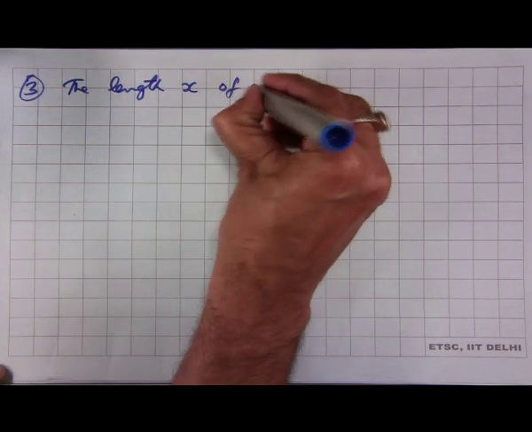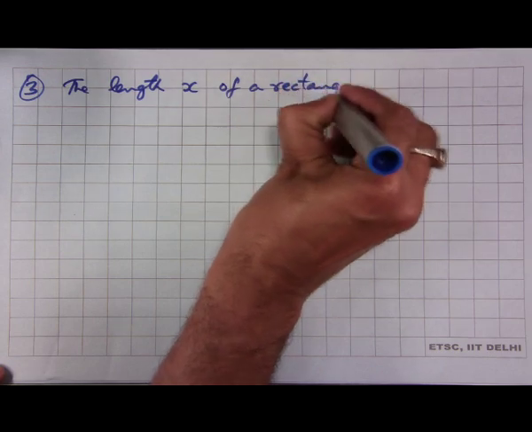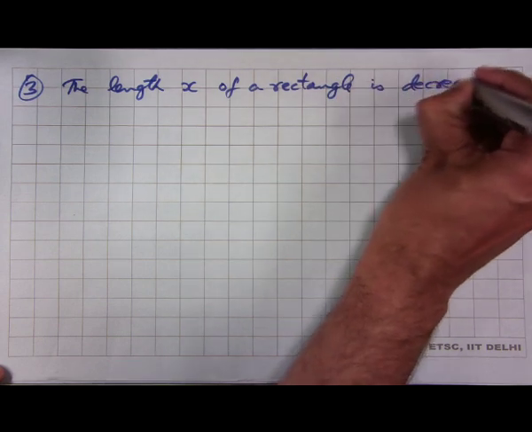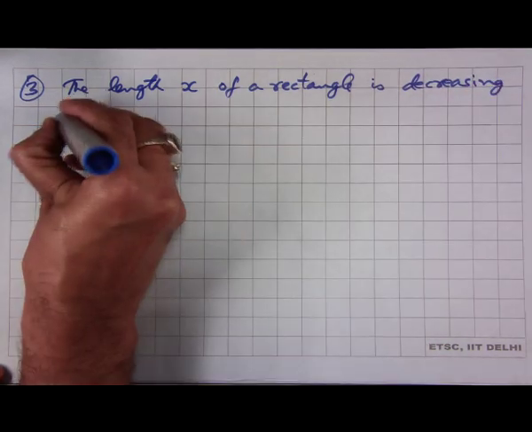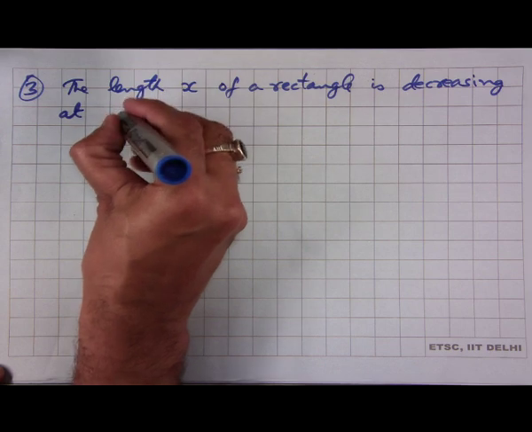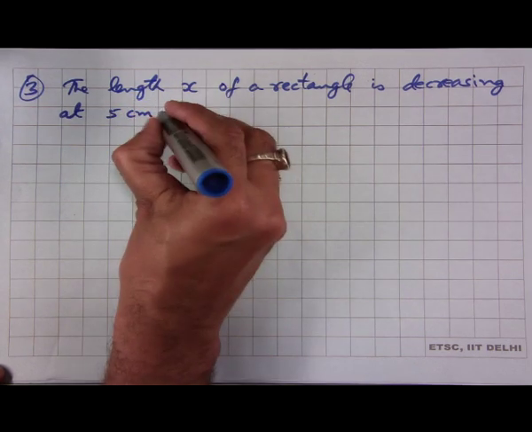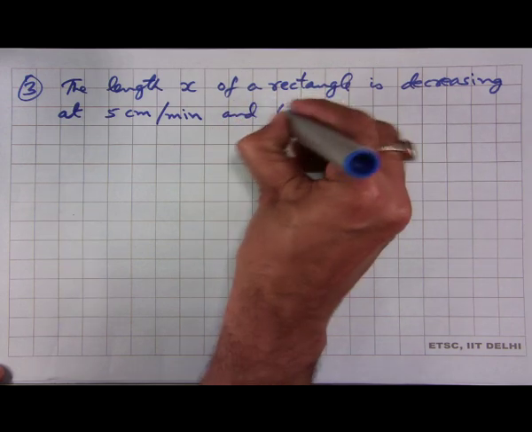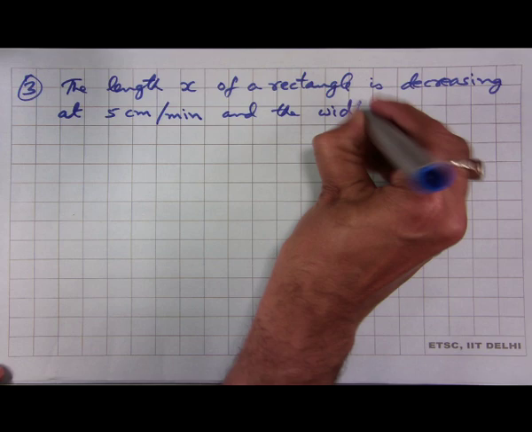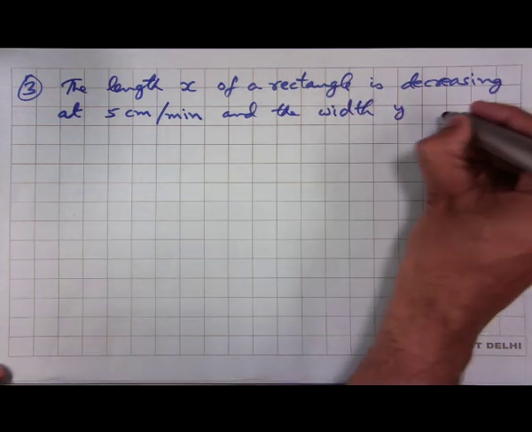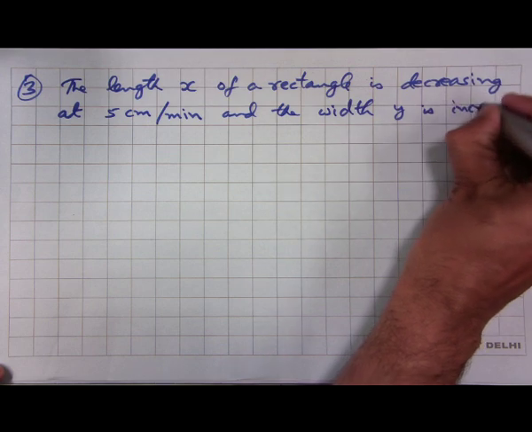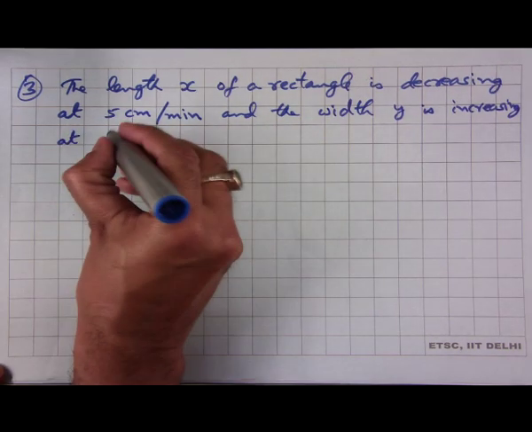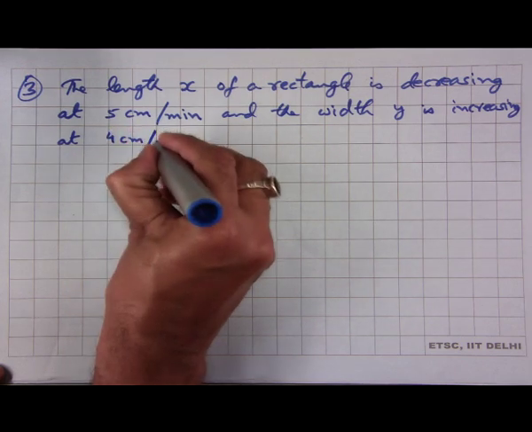x of a rectangle is decreasing at 5 centimeter per minute, and the width y is increasing at 4 centimeter per minute.